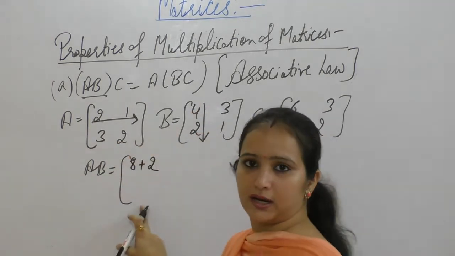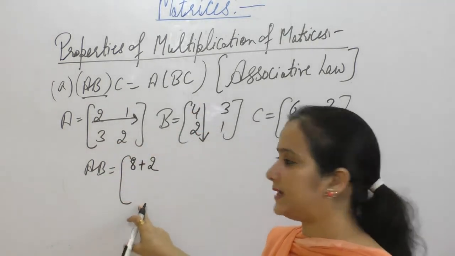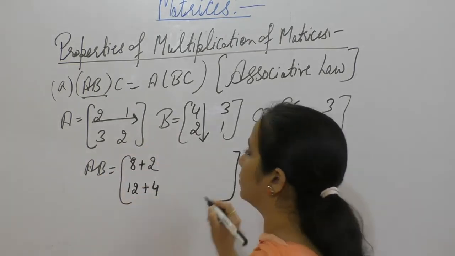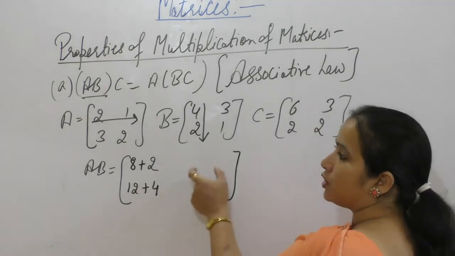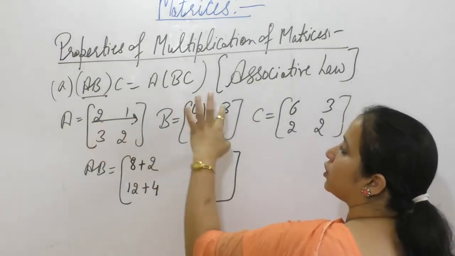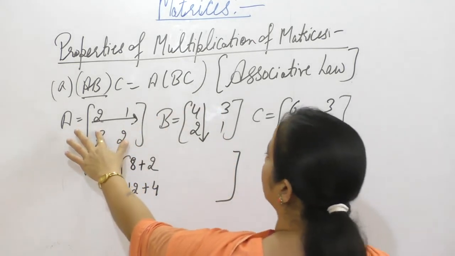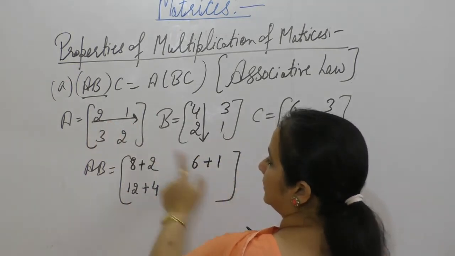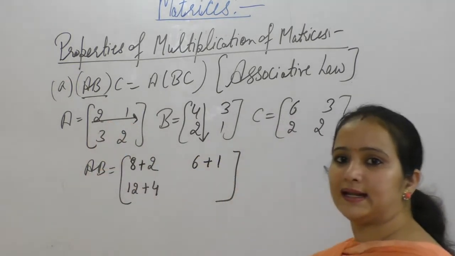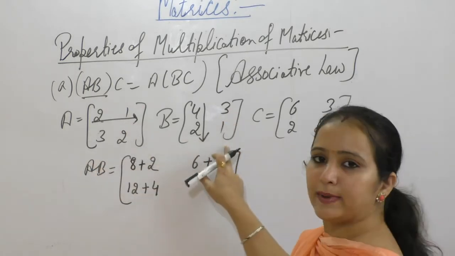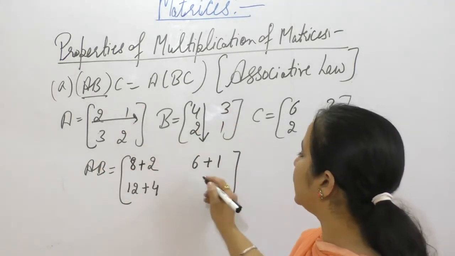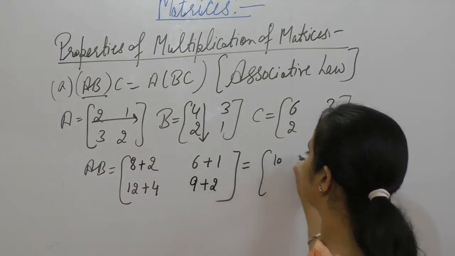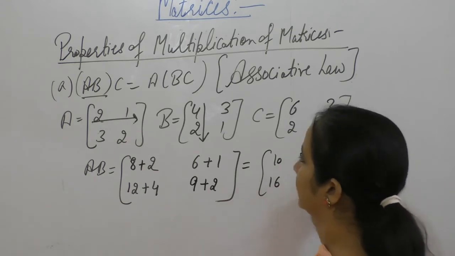Second row, first column: 3 into 4 plus 2 into 2. Now first row, second column: 2 into 3 is 6, 1 into 1. Now second row, second column: 3 into 3 is 9, 2 into 1. So this is 10, 7, 16 and 11.